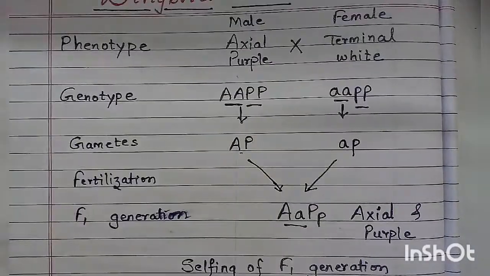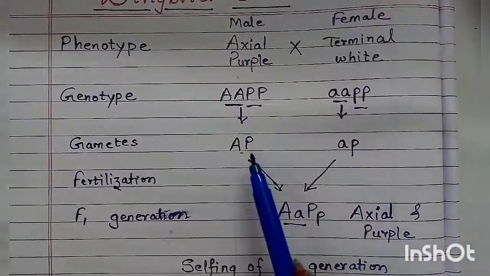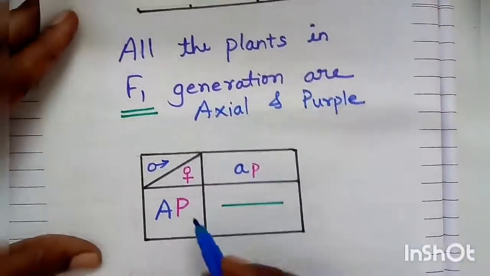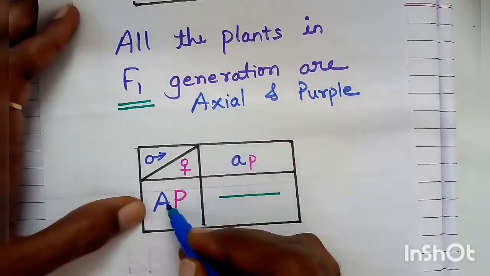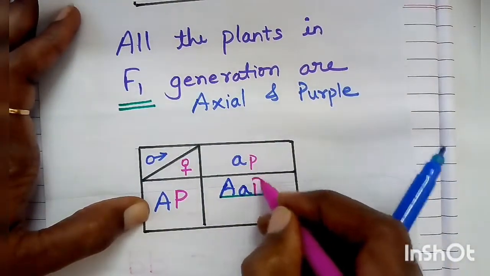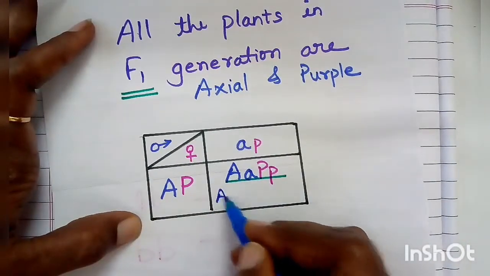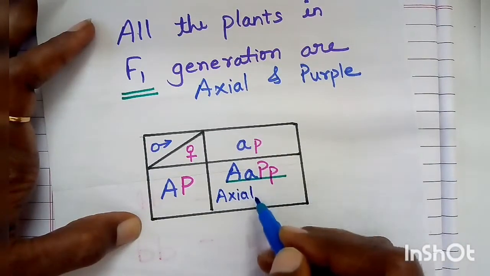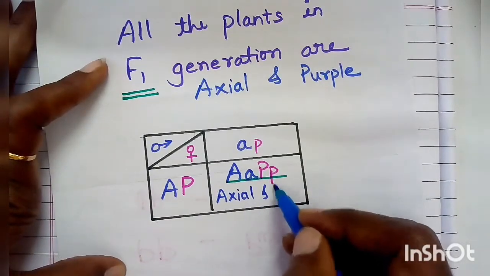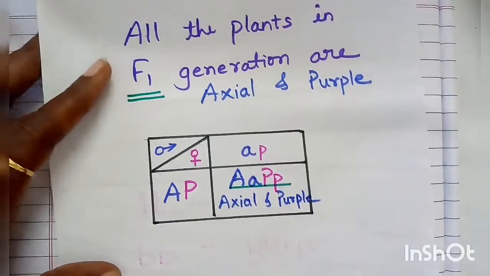But what we have done, instead of taking twice, we have taken only once. So even if we take only once, what is the result that we get? Capital A small a and capital P small p, and all the plants will have axial position and the color of flowers will be purple.